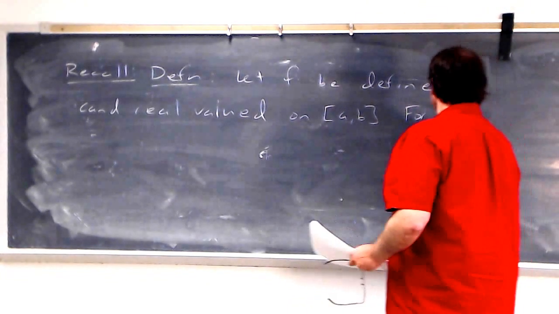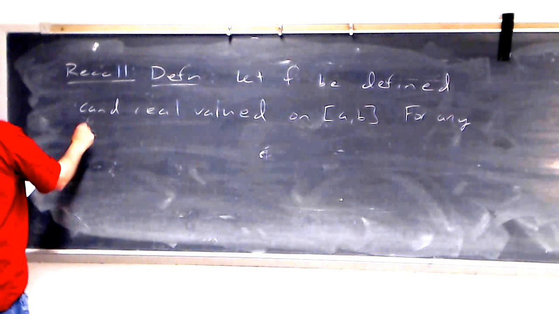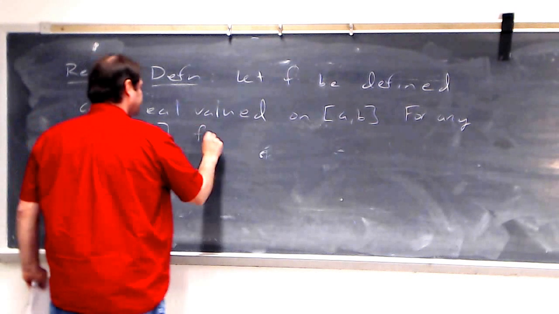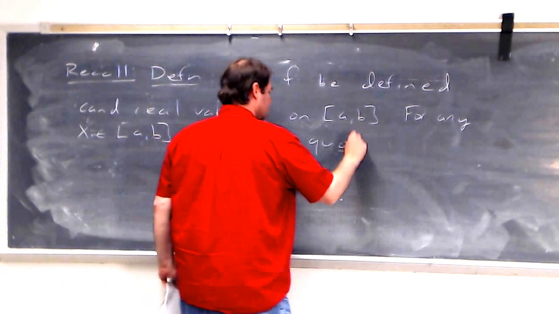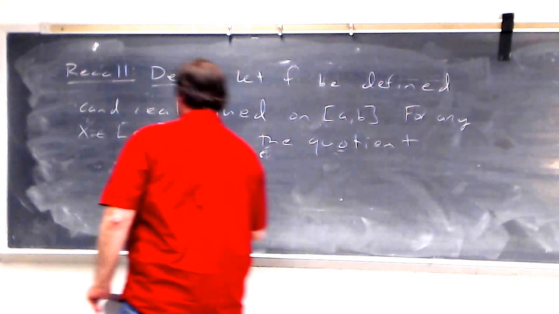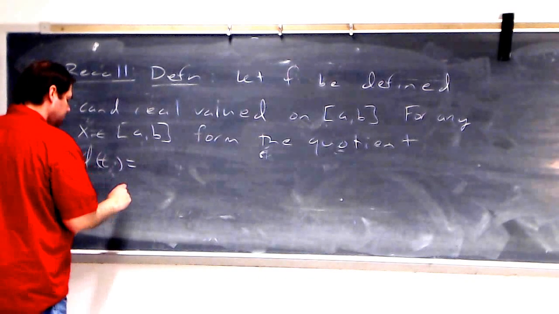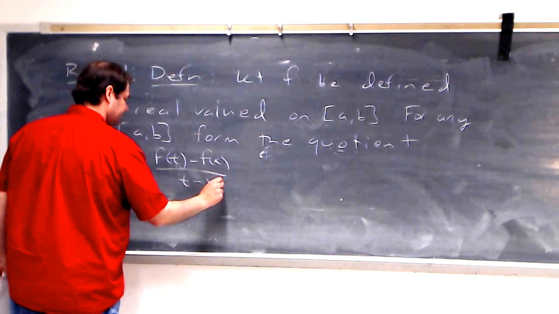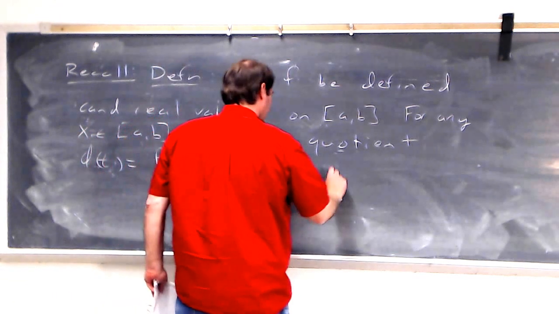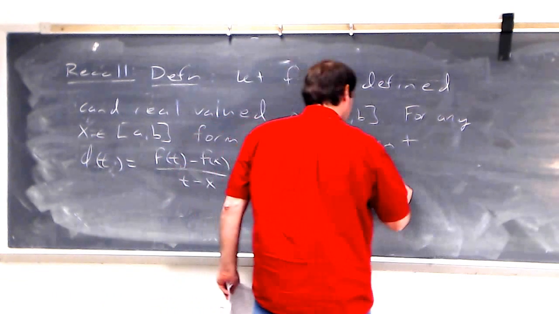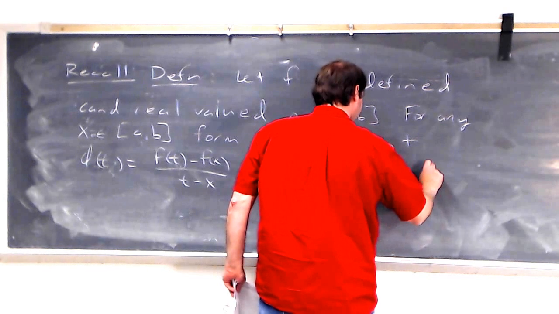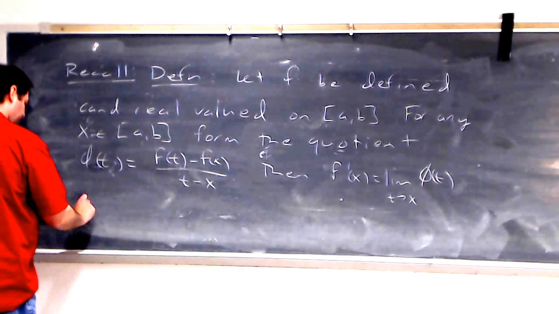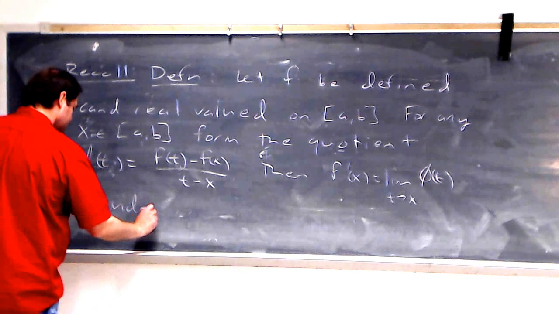For any x element of [a, b], form the quotient phi of t given by f of t minus f of x all over t minus x. Then f prime of x, equaling the limit as t goes to x of phi of t, is what we define to be the derivative, provided this limit exists.